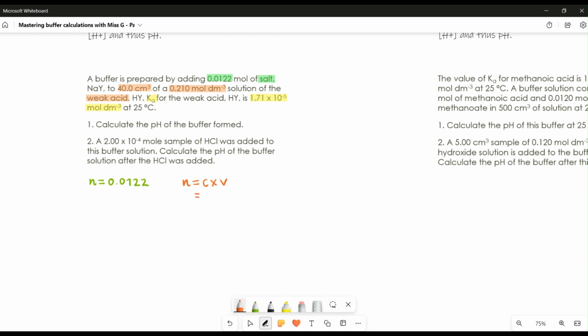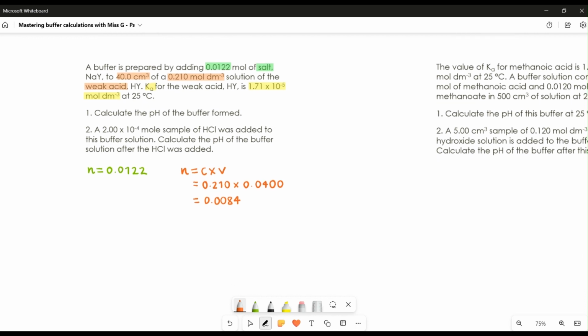So the first thing we're going to need to do is work out the moles of the weak acid that we have, making sure that we convert our volume to decimeters cubed. Which is 0.0084 moles.